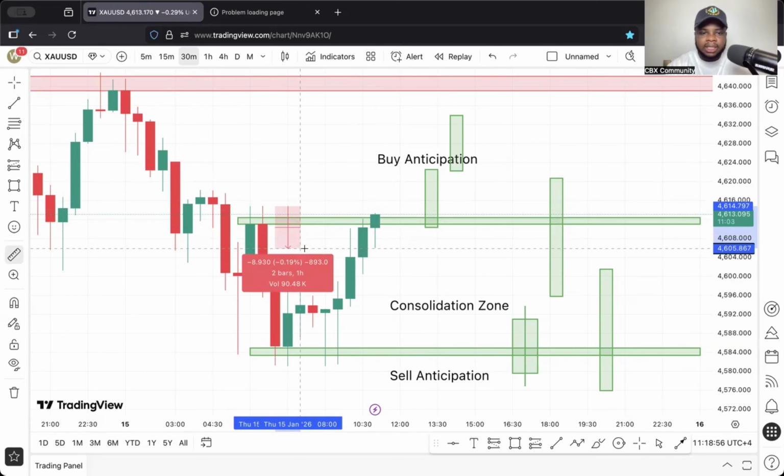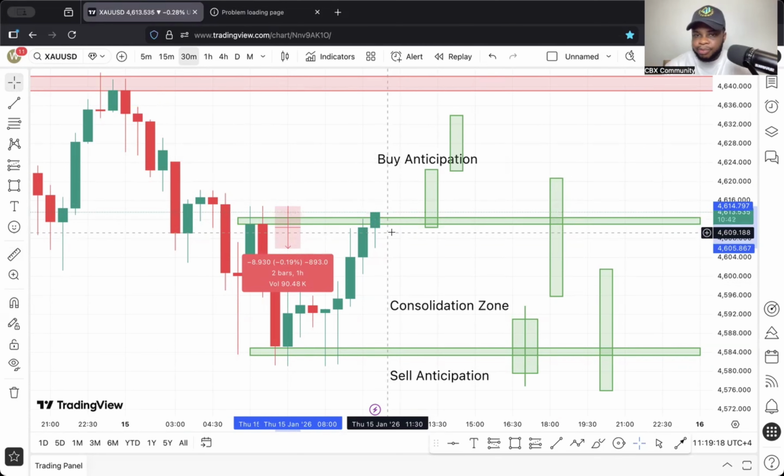We are looking at 89 pips, but I will not advise you to put your stop loss here, because I don't see any reason why the candle should continue to come down and then break the high of this bearish candle and continue to break this wick over here. I don't see any reason. So you can choose to set your stop loss at 40 pips, 30 pips, or 50 pips.